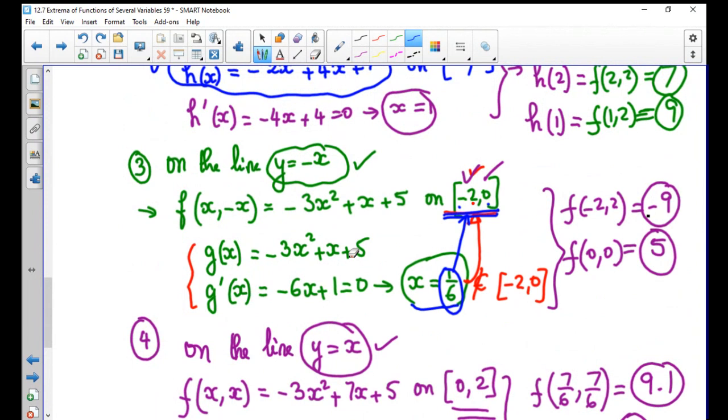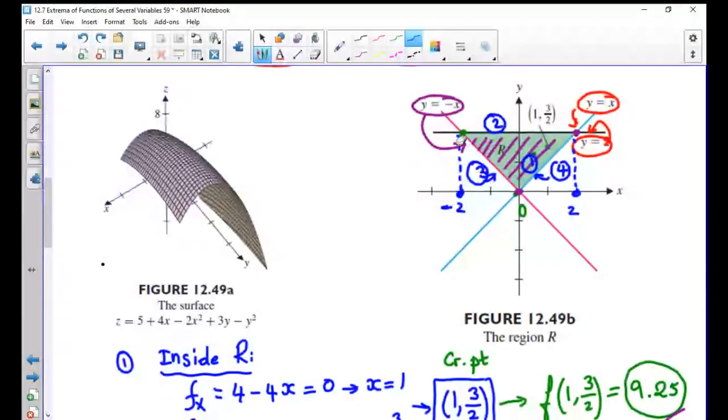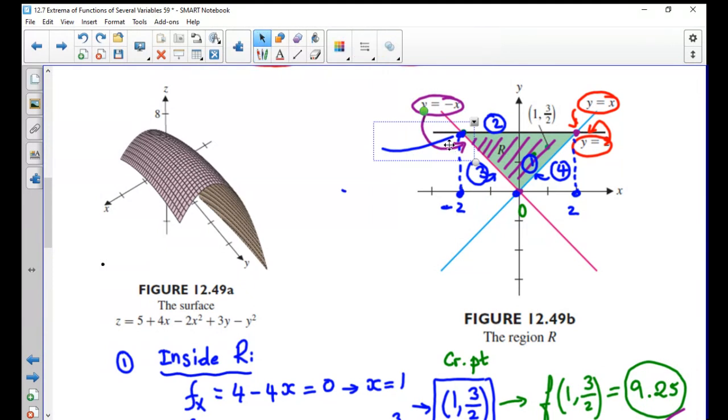The other points, that's a good point. You see the line y equal -x. Look at the line y equal -x. It goes from this point to this point. What is this point?